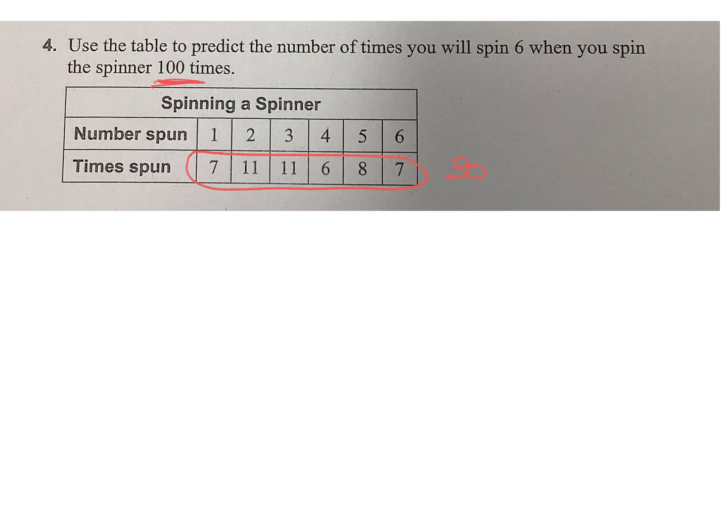Now, I know that I'm wanting a 6, so I want this one here. In 50 times, I did 7 spins. So in 100 times, I'm going to do 14.